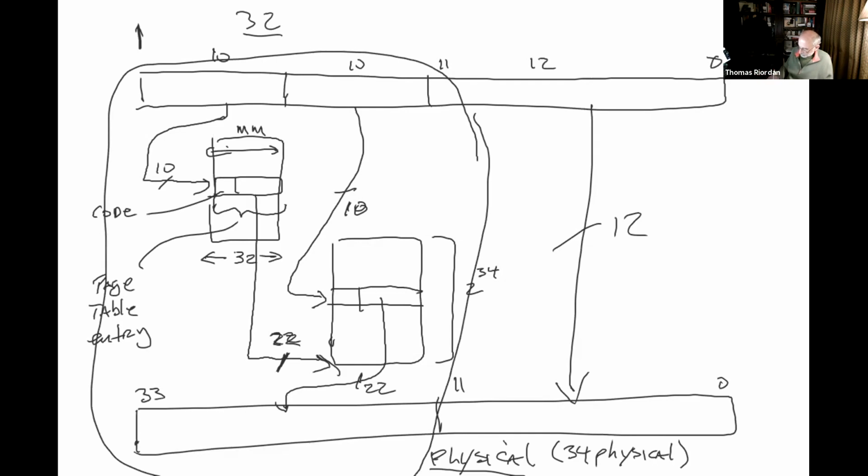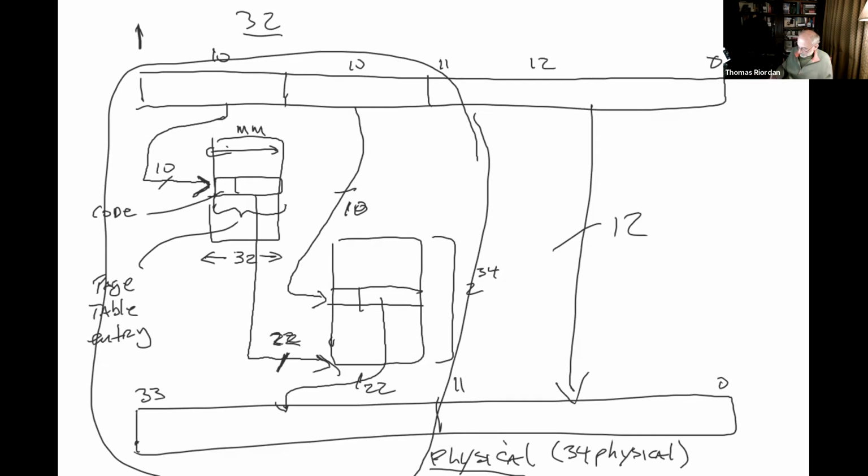So it does it in a two table lookup. So it has to look up the first million, and then it has to look up the million 4K.